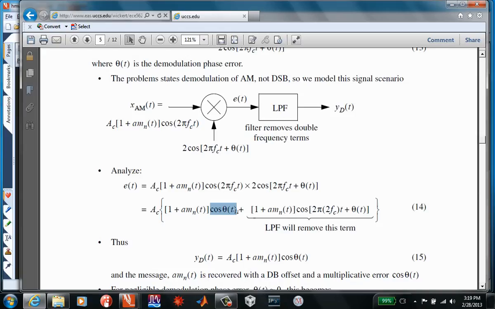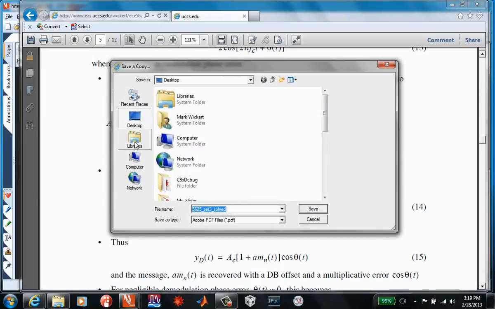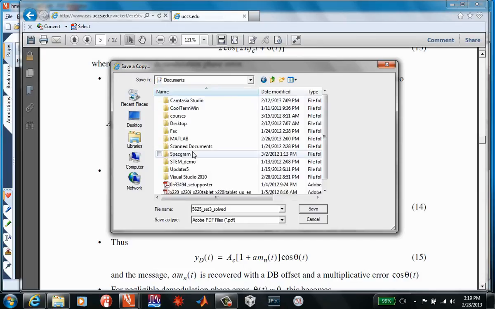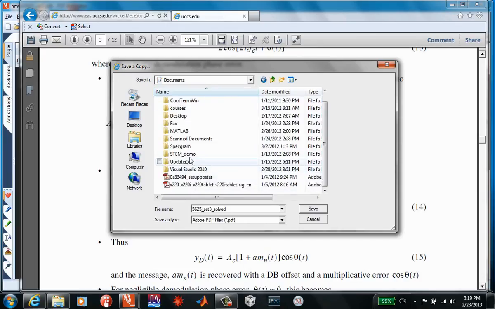So this, even though the modulation frequency or the carrier frequency, cosine of 2 pi fc t, is not the same as. Let me do something here since this is getting a little bit awkward. I'm going to move this over to my note so I can write on this. If I can get the right folder.